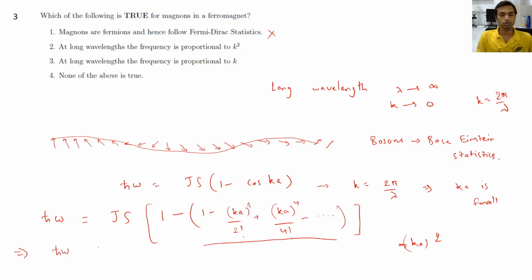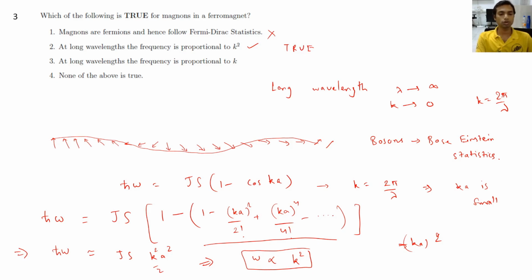So h bar omega is JS times k square a square by 2. So what we see from here is that omega is directly proportional to k square. So this statement is correct, or this is true.